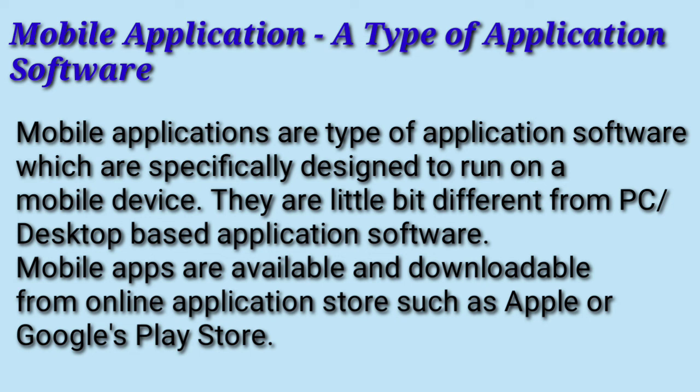These are easily downloadable from the Play Store: for Android phones, from the Google Play Store, and Apple phones have their Apple App Store. BlackBerry phones also have their own stores, so you can download these application softwares from there also.